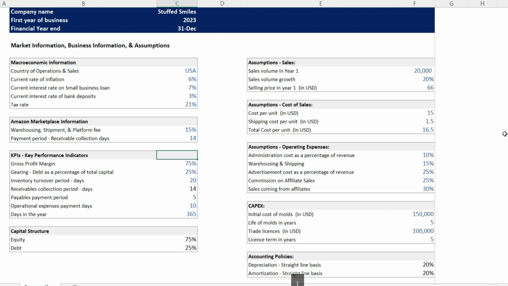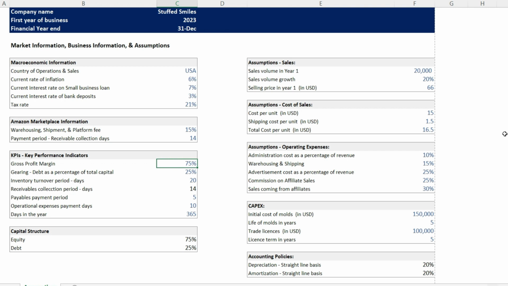Now let us talk about some critical key performance indicators. These are basically the benchmarks that our client has agreed with us for her business. The gross profit margin for the business, which the client has agreed that she will be maintaining, is 75%.